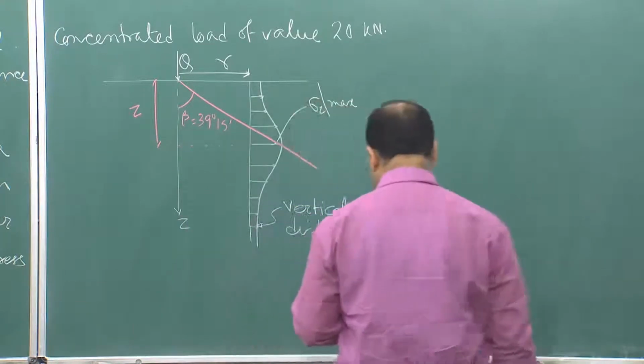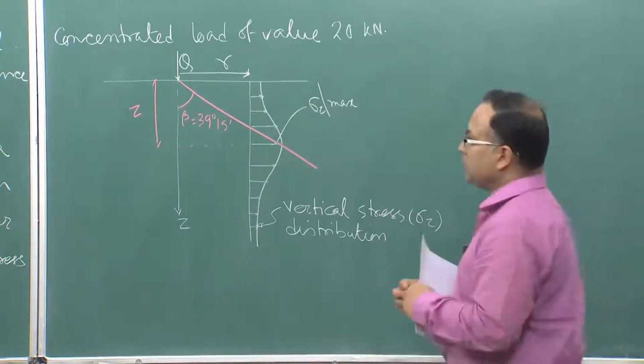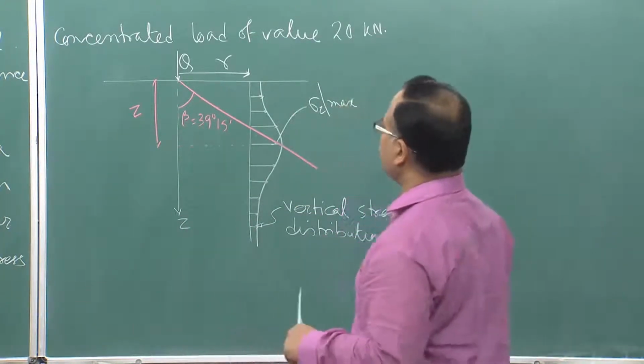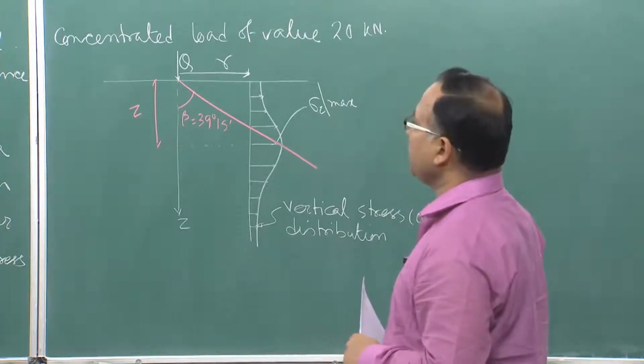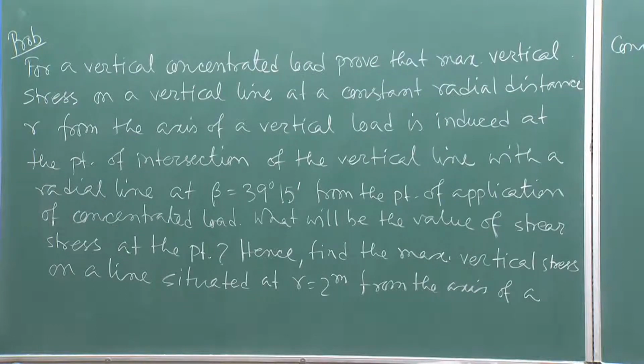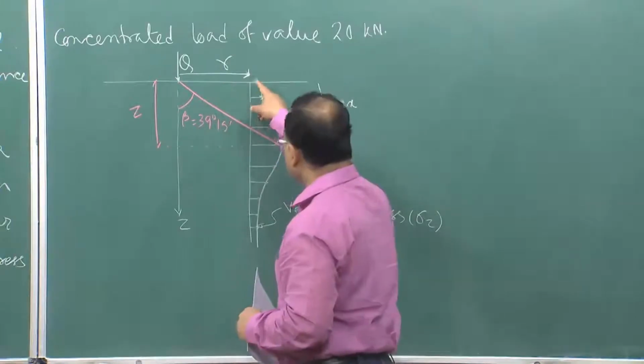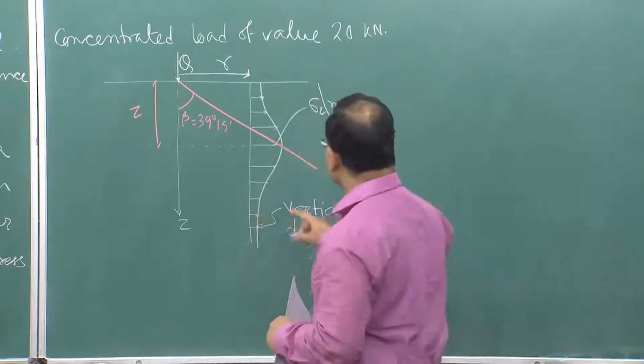Okay. So, this is the problem. The problem says for a vertical concentrated load such as Q, prove that maximum vertical stress on a vertical line at a constant radial distance r. Okay. So, this is the vertical stress distribution.